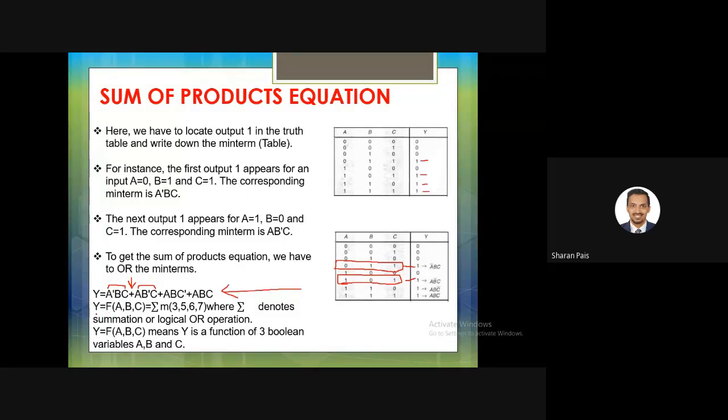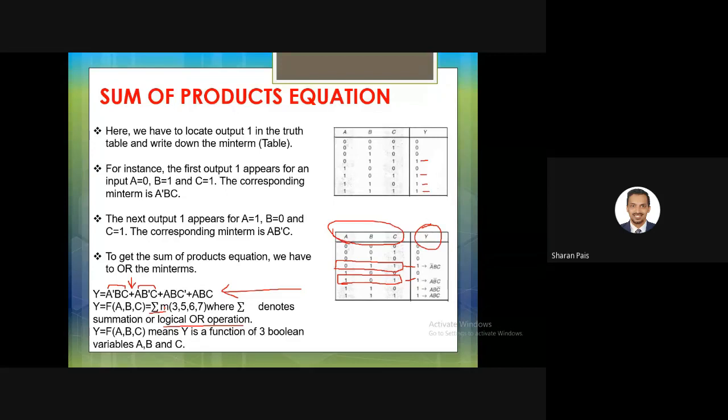There is one more representation. You can see y is equal to, y means this one. So y is a function f of ABC, three values ABC, which is equal to summation m. Summation here represents the logical OR operation, plus operation; in math you are doing summation.